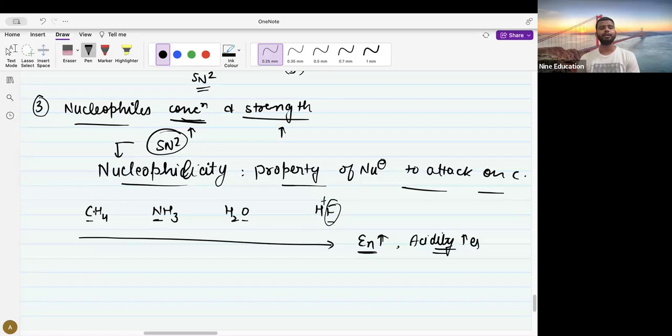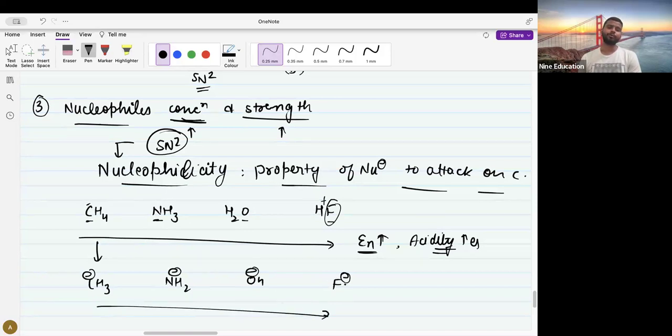And here the electronegativity is weak, so it cannot take all the electrons for itself, therefore it is less acidic. It can't give H positive to us. Similarly, once each has given H positive, out of these four, fluorine minus is the most stable.